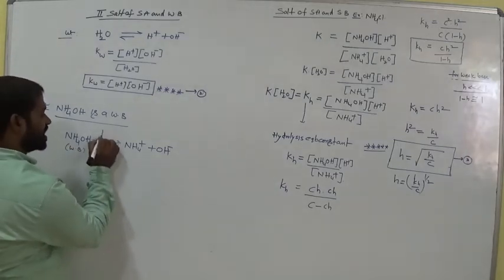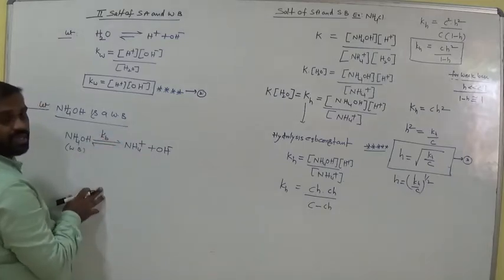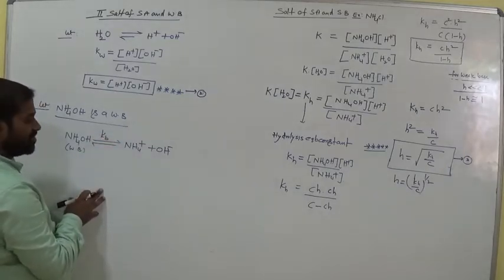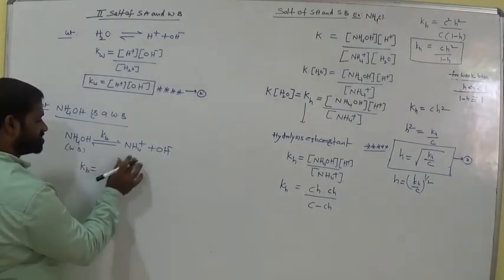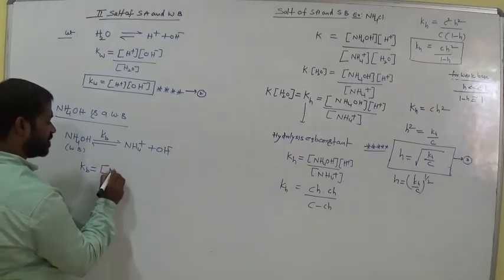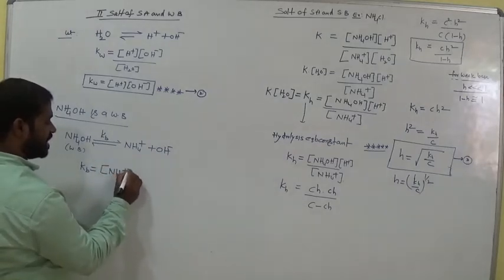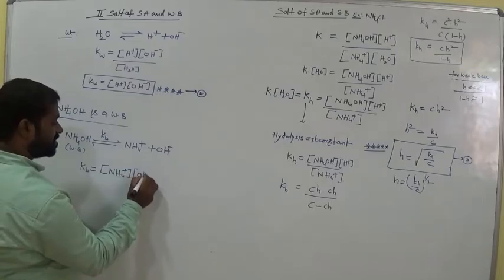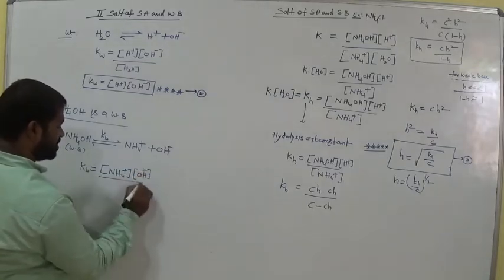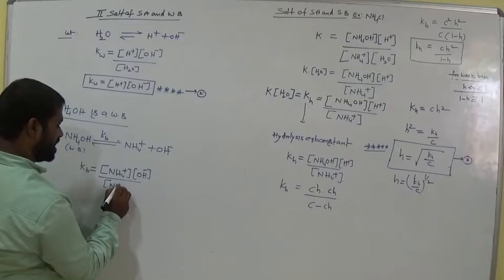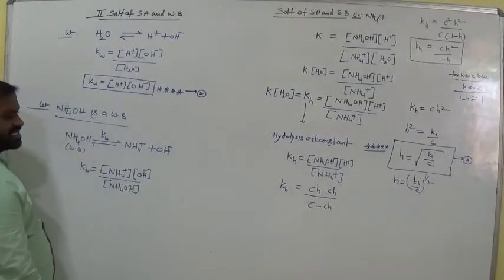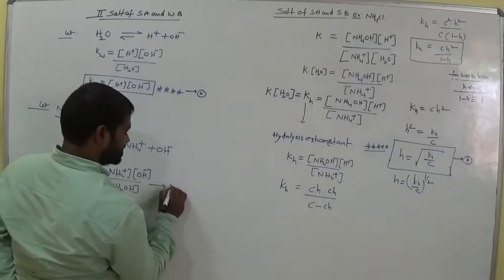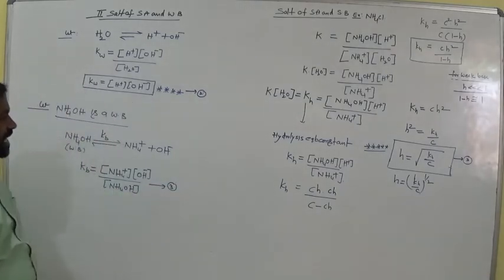Now the equilibrium constant for a weak base is taken as Kb. Clear, everyone? Now Kb equals the molar concentration of NH4 plus and OH minus by NH4OH. This is the expression. This is the third one. Clear up to here?